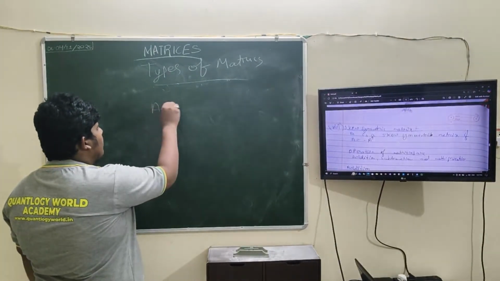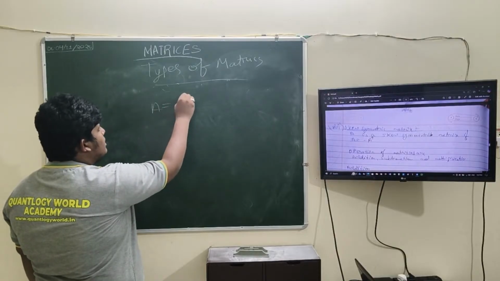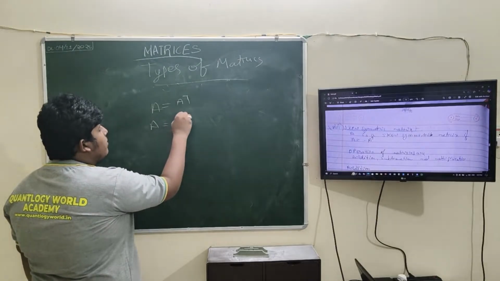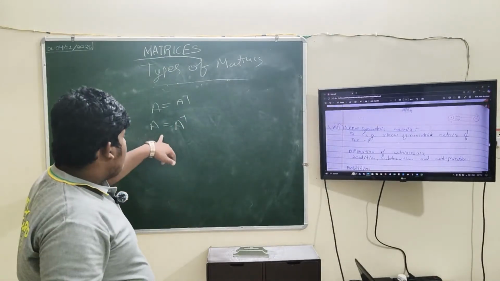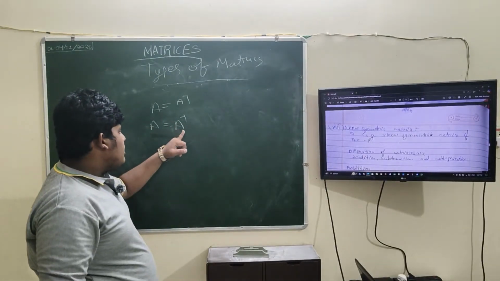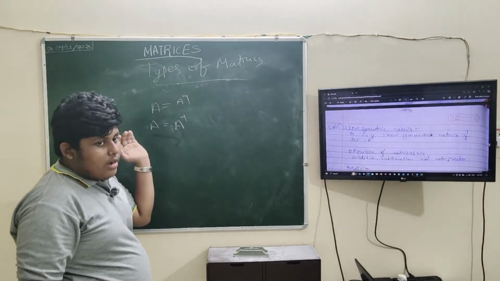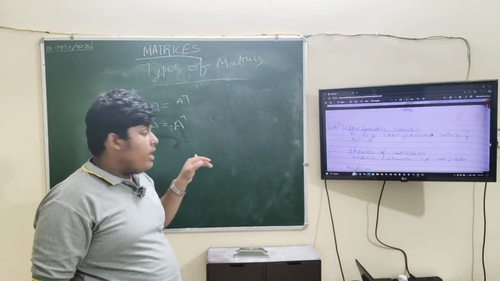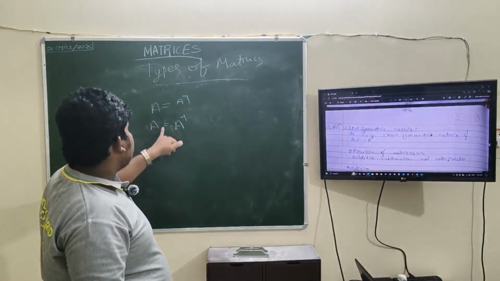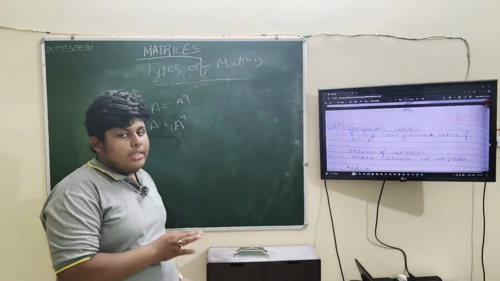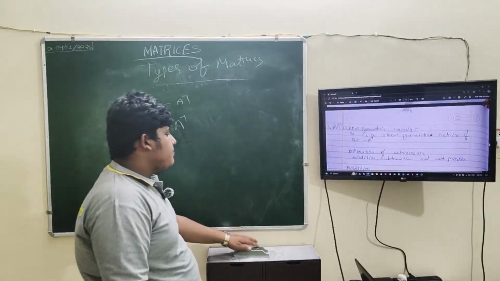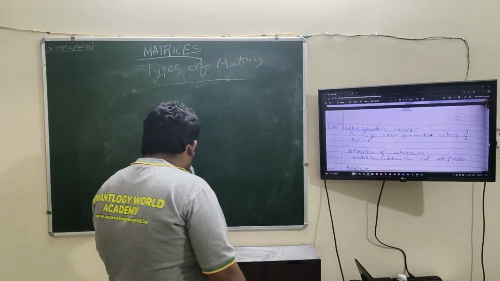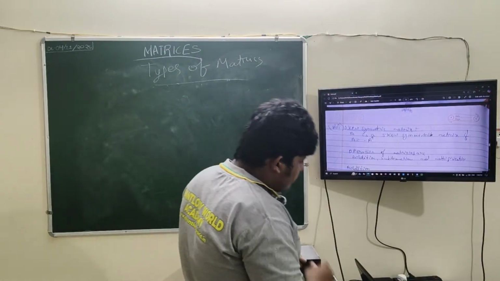For example, symmetric was A equals transpose of A, skew symmetric is A equals minus of transpose A. Minus of transpose A means if we multiply minus to all the elements of the transpose of A, it must be equal to the matrix A. Then we can say the matrix A is a skew symmetric matrix. Then we'll move to the next part.